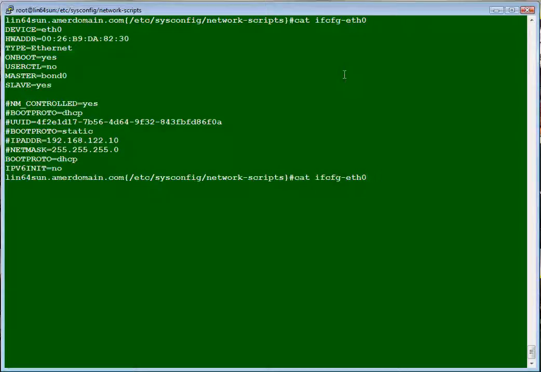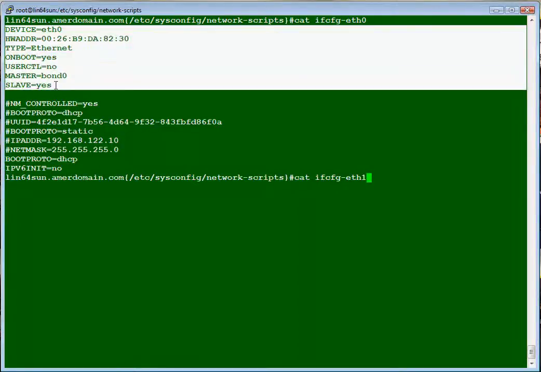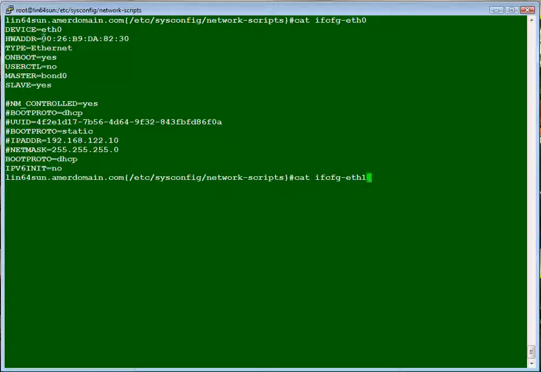Similarly, if you have eth1, you have to put in exactly similar entries, except the hardware address, because the hardware address will be different for the second network card, and there is no second network card on this machine.